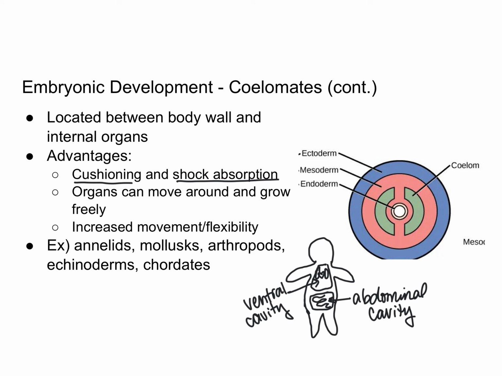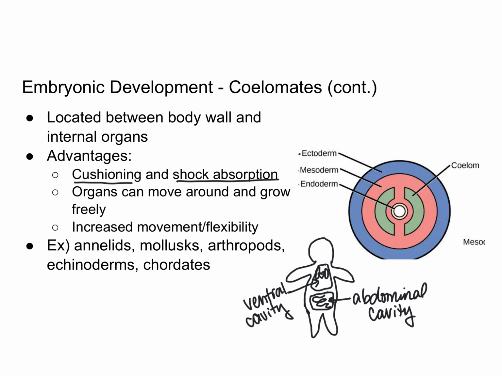The organs have a little bit of flexibility as to where they can go because we have these fluid-filled spaces. It also allows for increased movement and flexibility. So we can bend over without having to worry about rupturing our liver, because the liver has a little bit of space that it can move and accommodate us doing that.